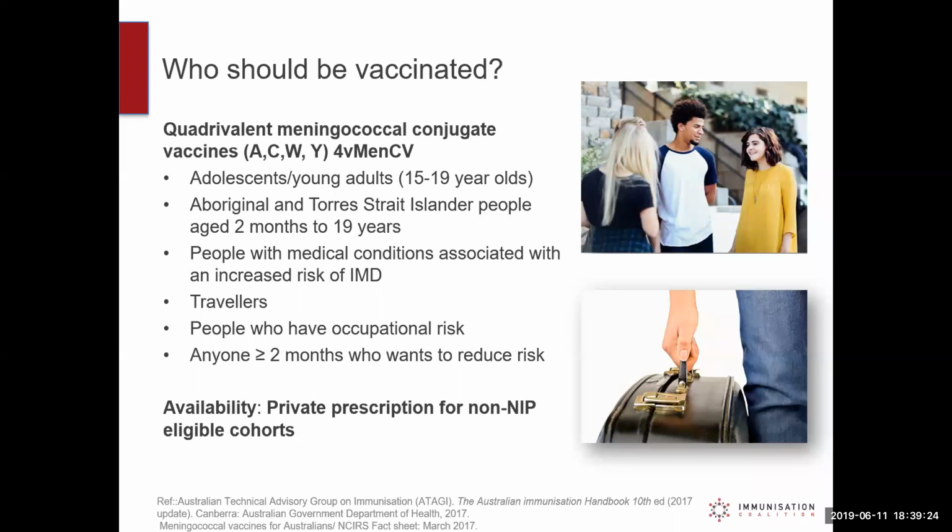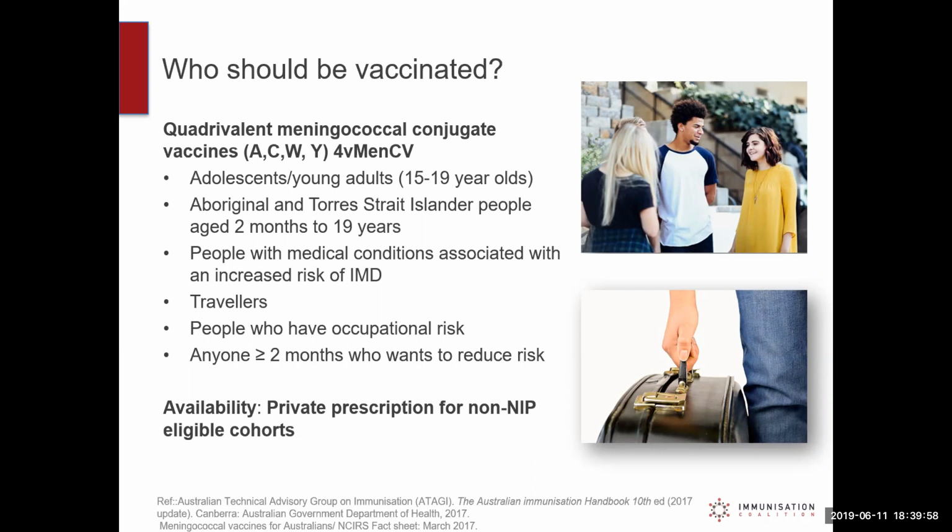This is a vaccine that should be offered to travellers, particularly travellers to Sub-Saharan Africa, for example, occupational risk, but really anybody that's over 2 months of age or 6 weeks of age who wants to reduce the risk of contracting this particular disease. Definitely, it's available on prescription for non-NIP eligible cohorts.